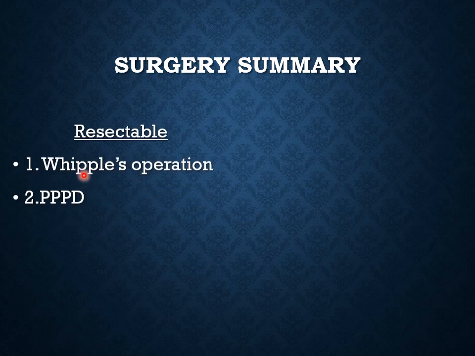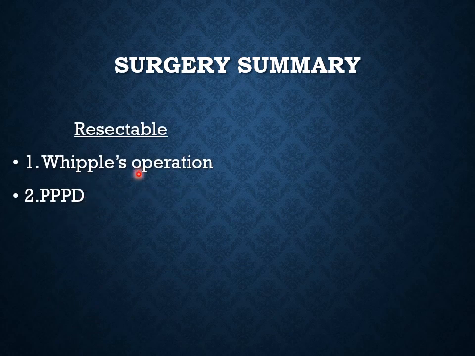Summary of the surgical procedures that are available. If it is resectable, then we do Whipple's operation, or PPPD, pylorus preserving pancreaticoduodenectomy, which is an improvement of the Whipple's operation. If it is unresectable with CBD obstruction, ERCP stenting, or you can do a bypass, choledochoduodenostomy, choledochojejunostomy, or cholecystojejunostomy.